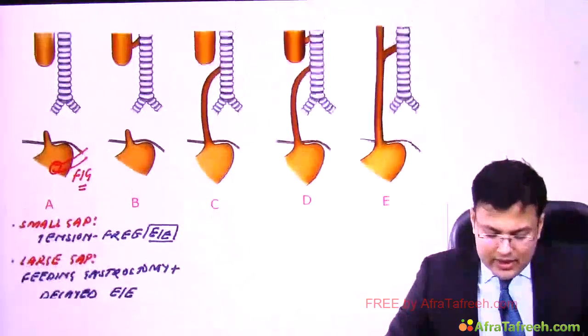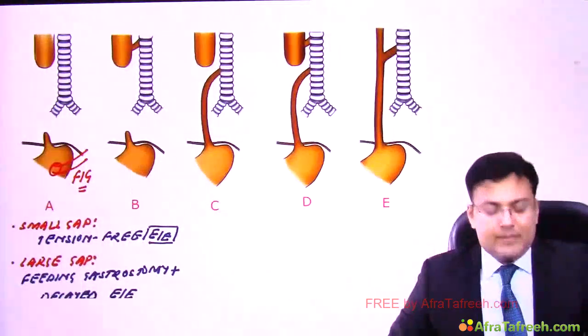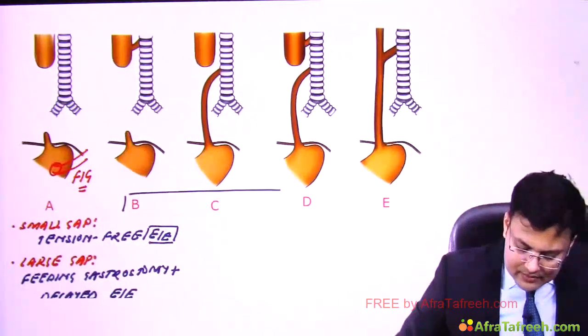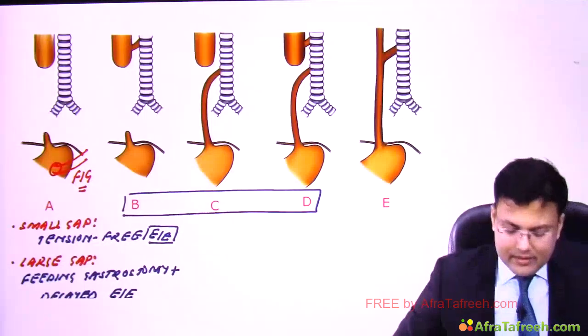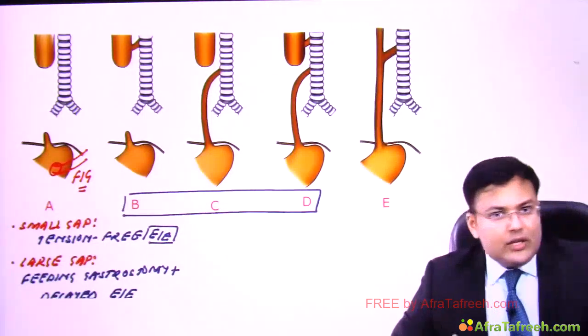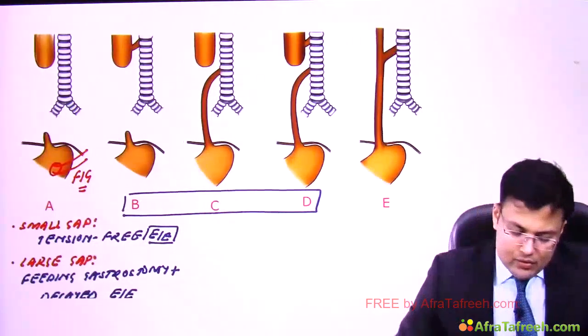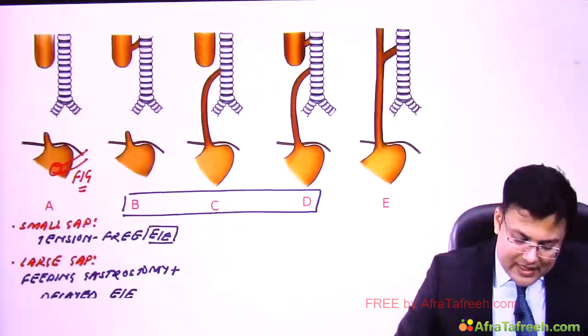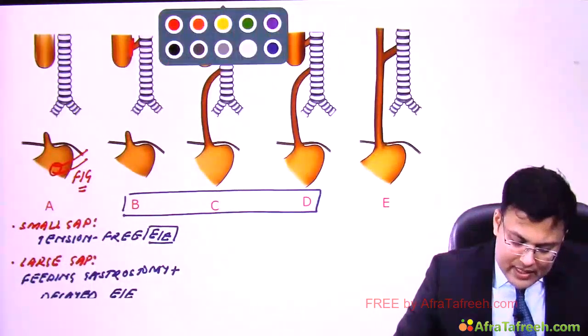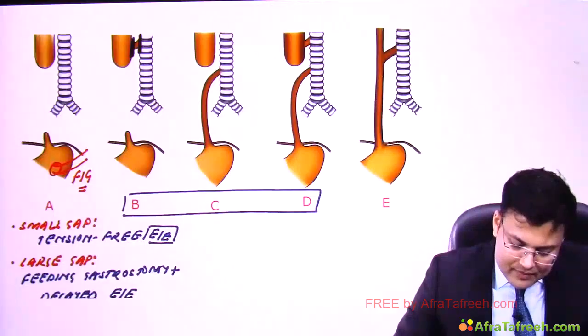Now for type B, type C and type D, the management is similar. In all these types, there is both esophageal atresia and tracheoesophageal fistula. So what we do is excise the fistula tract.